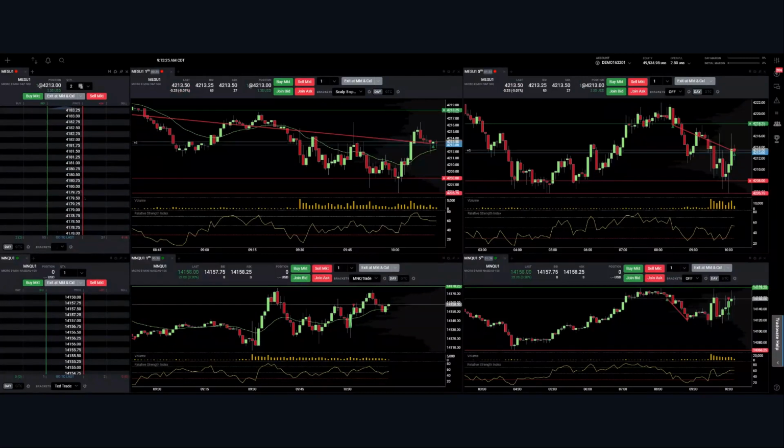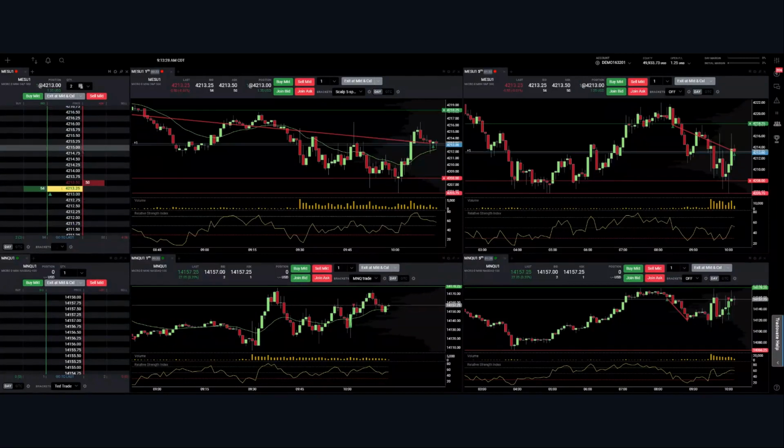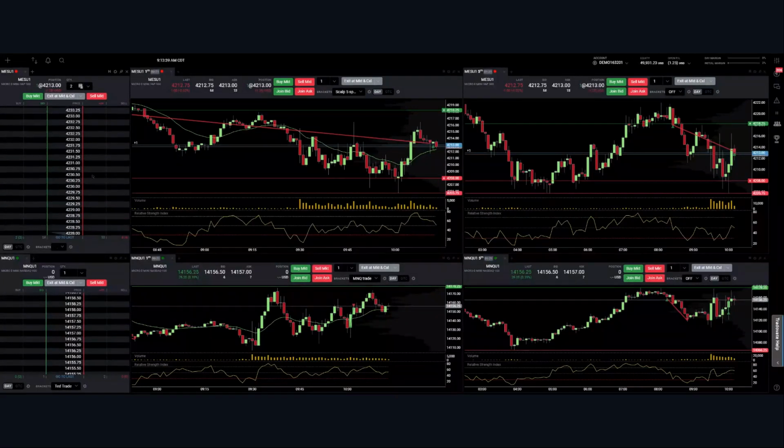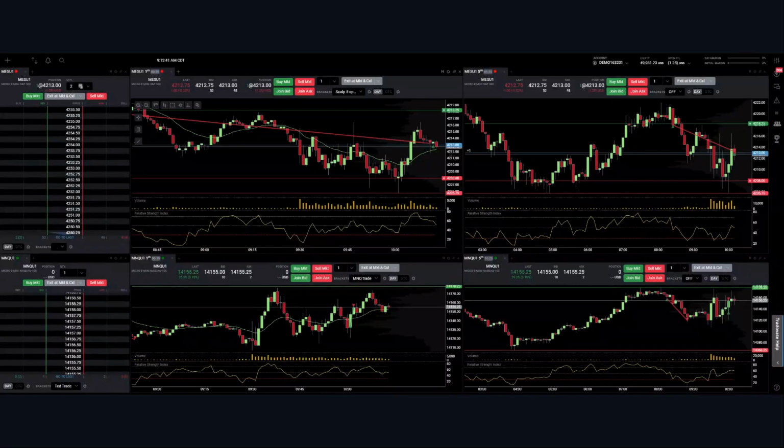We're at 42.13. So here's the market here, and I can do the same thing by putting on a trade here to take place. It just works just like the chart.